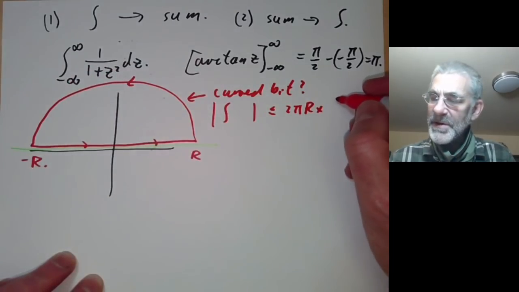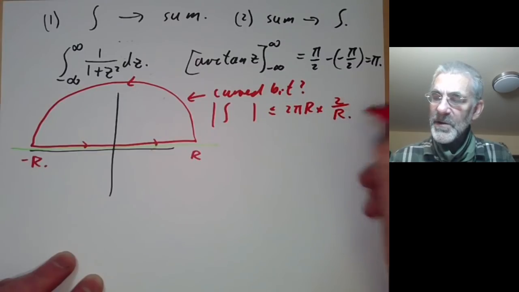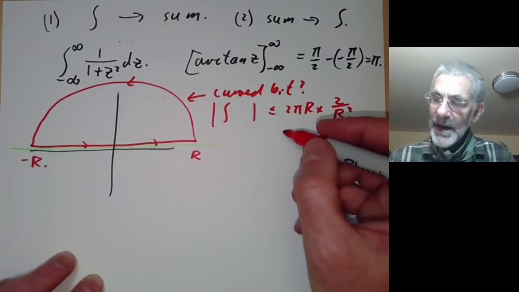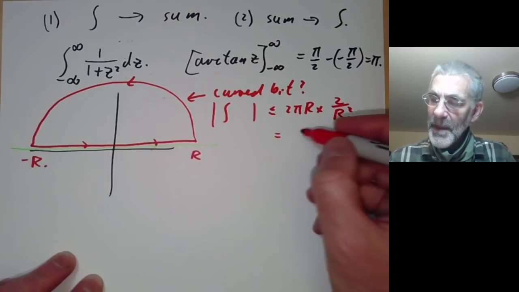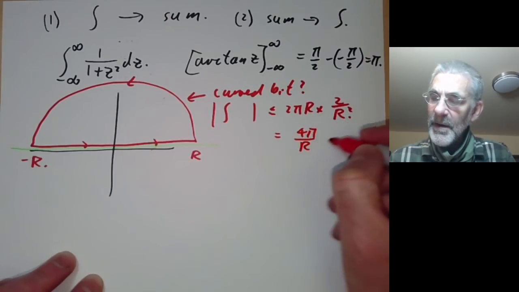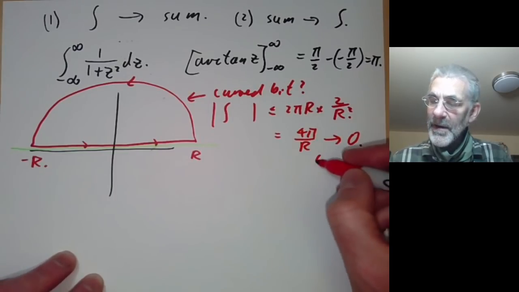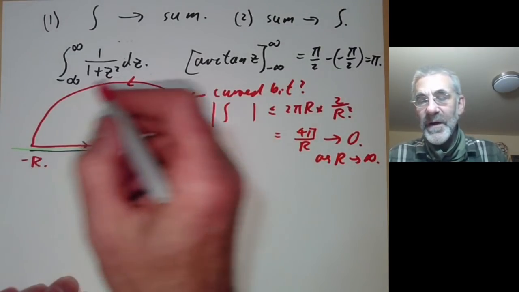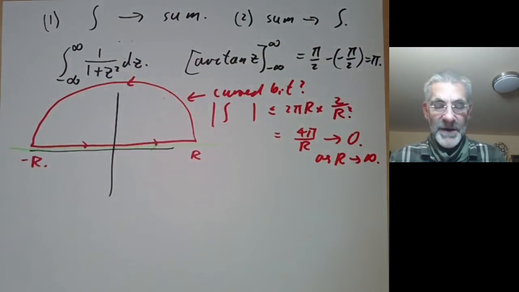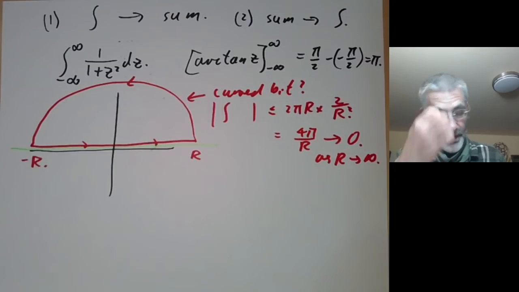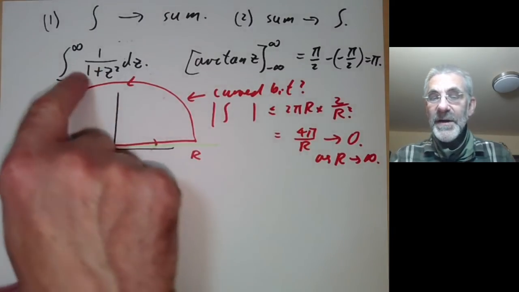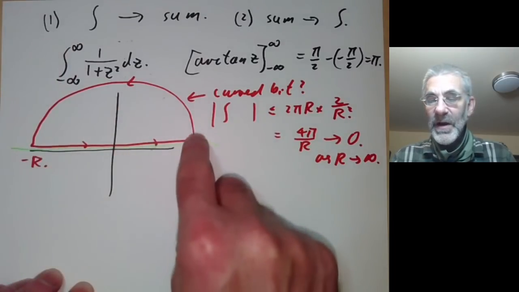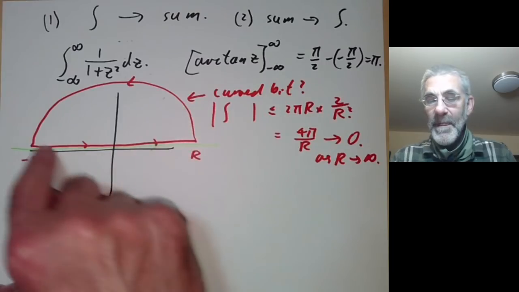So that's going to be at most, say, 2 over r squared, because z will have absolute value r. And this is equal to, say, 4 pi over r, and this tends to 0 as r tends to infinity. So we can ignore the integral over the curved bit because we're going to take a limit as r tends to infinity. So we've managed to turn our integral from minus infinity to infinity into an integral over this piece here.